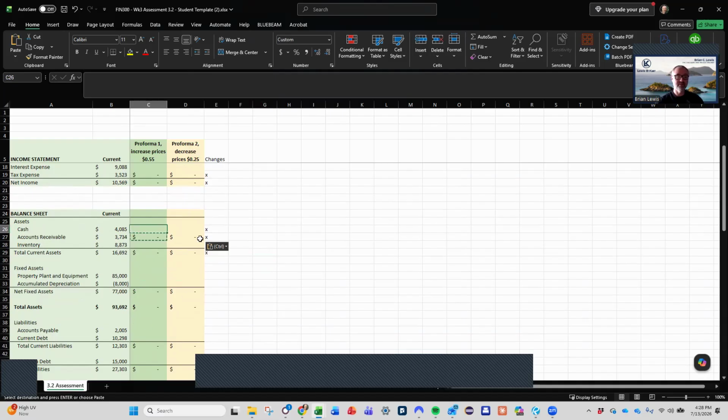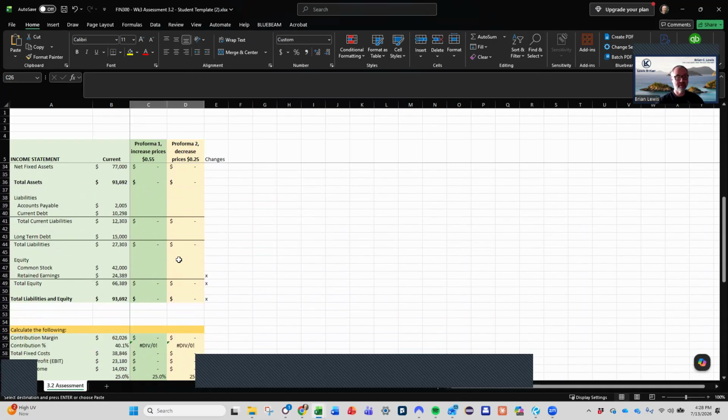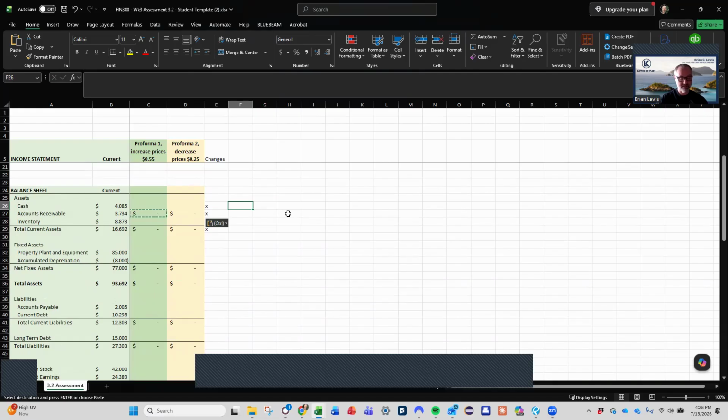So then theoretically, if you get this all right, all you've got to do is change the cash number so that total assets equals total liabilities plus total equity.